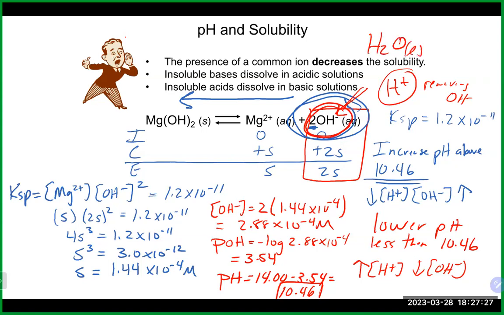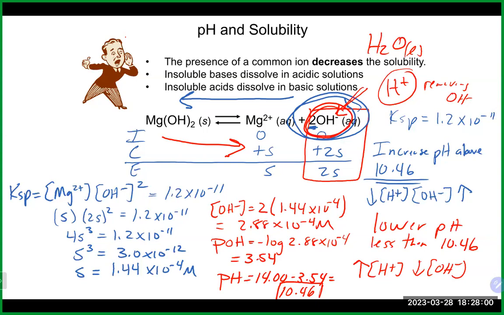That is essentially like removing hydroxide from that situation, right? And that's going to cause the equilibrium to shift to the right in this case. And when it shifts to the right, that's actually going to shift us to ions, which are aqueous and would increase the solubility. So by lowering the pH, and you don't even have to make it acidic, you just need to get it lower than 10.46, and you'll start to see the solubility increase.